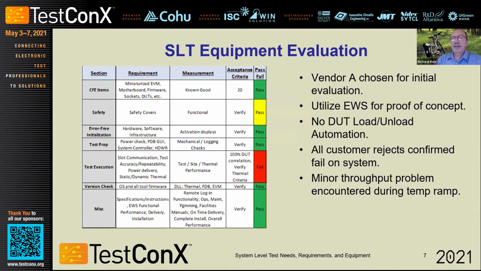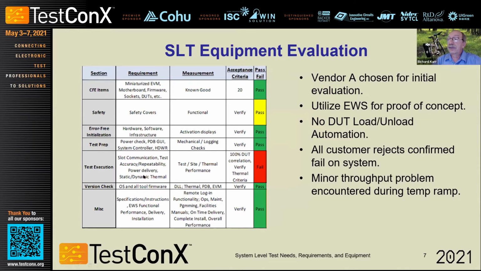We had to purchase the EVM sockets, and most importantly, for this evaluation, we supplied both good and bad, meaning devices that were customer returns. The remaining sections are like safety and test prep and these miscellaneous items, test execution, so on. Those remaining sections relate to the vendor performance or the system performance.